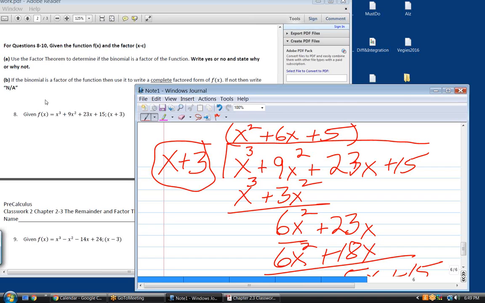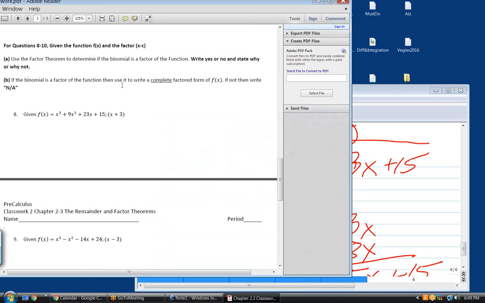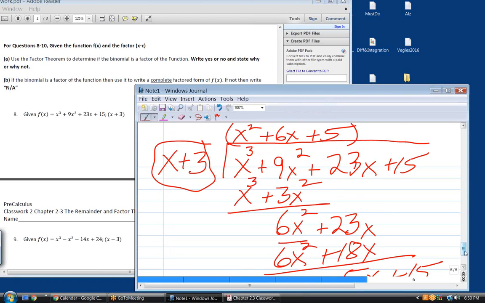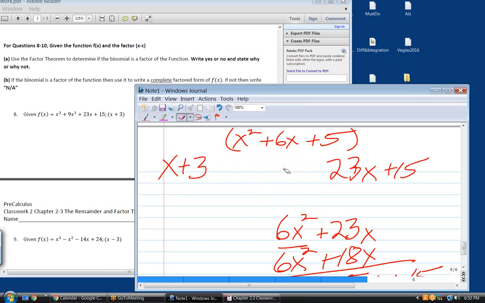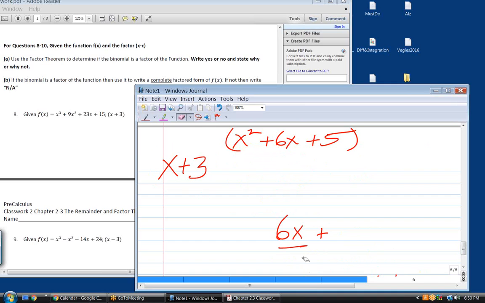All right, let's see what they want for B. If the binomial is a factor, use it to write the complete factored form. Okay. So at this point, let me erase this stuff. We know that our two factors are right there.